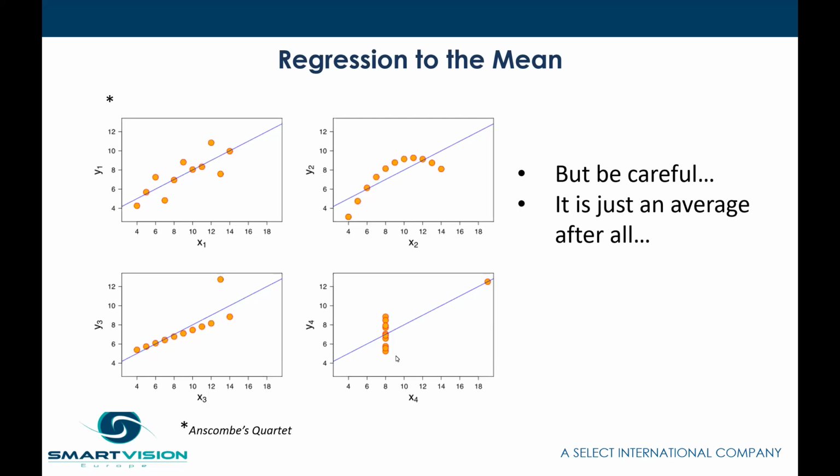And this is true even when you only have 2 distinct data points. Here we've got a bunch of data points where they're all equal to the value 8 in the bottom right-hand corner, and one data point here equal to the value 20 or 19 or something like that. It still can draw a line between that.